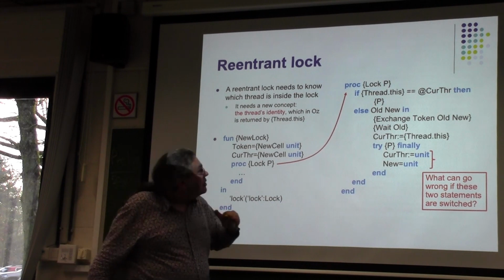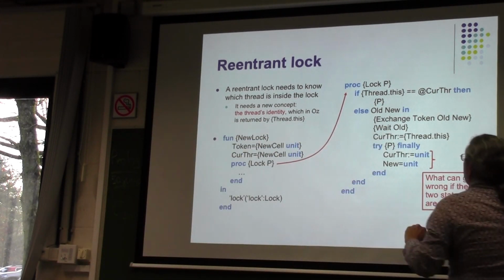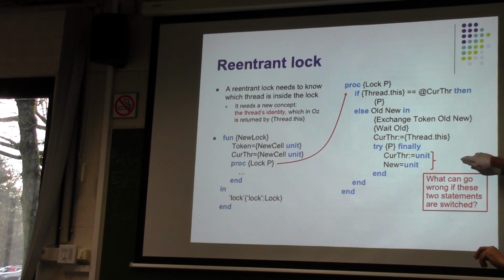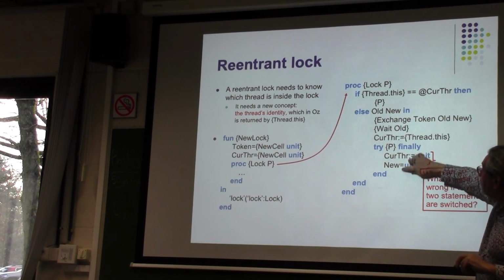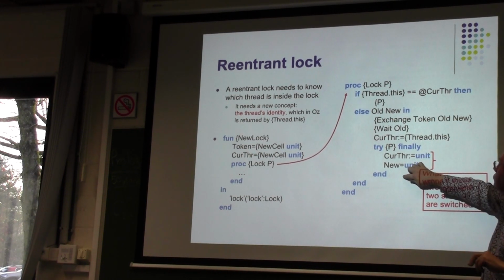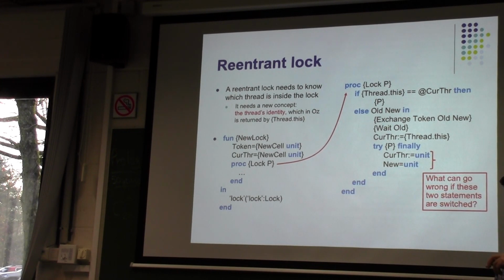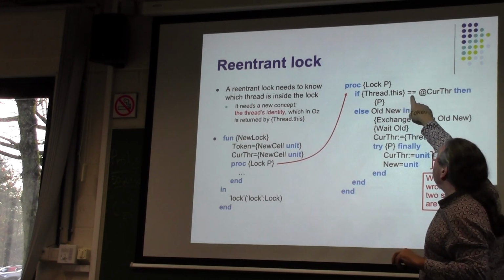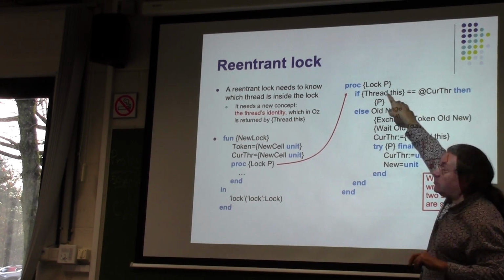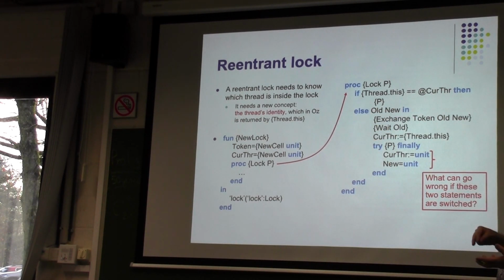So the procedure lock now is written like this. This part is the same as before. This is the whole bit with exchange and wait and the try finally and so on. But first I want to check, is the thread that's inside the same as me?